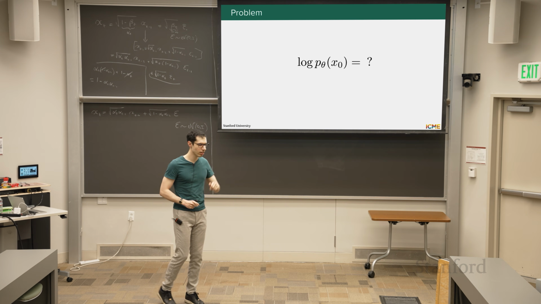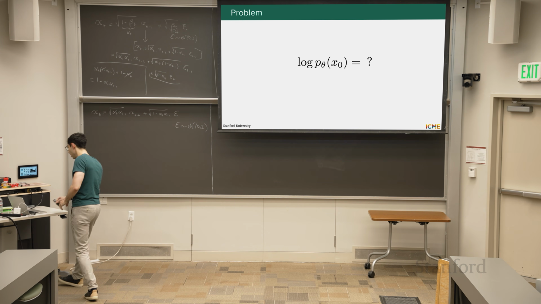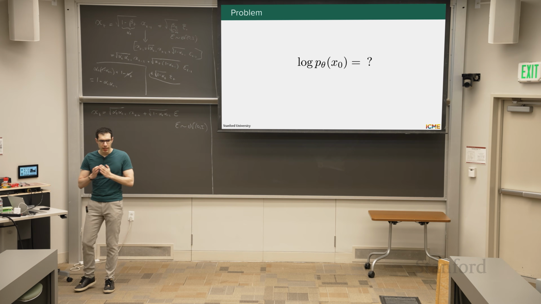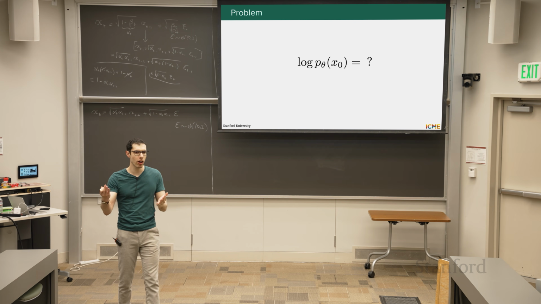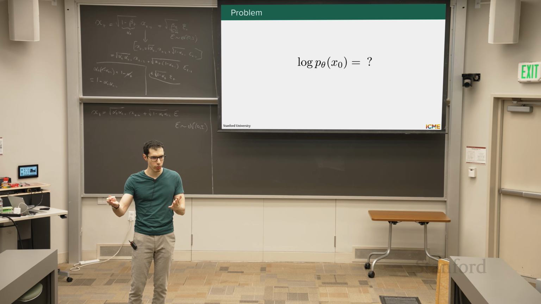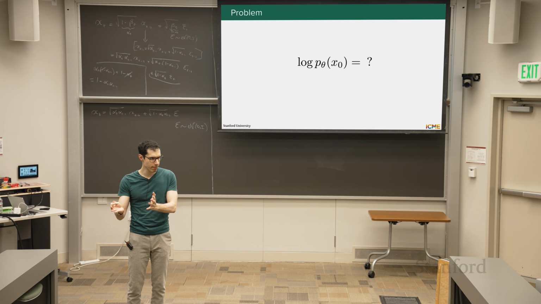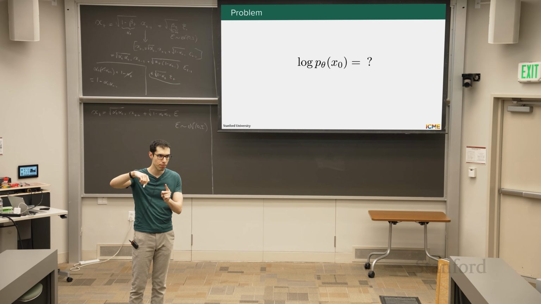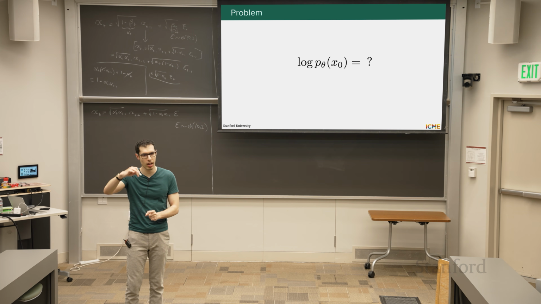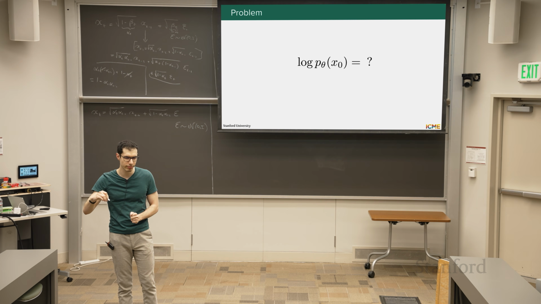So we've seen a few slides ago that the way we obtain x0 is sampling from a noise distribution at time big T, and then going step by step from big T to big T minus 1, etc., up until 0.